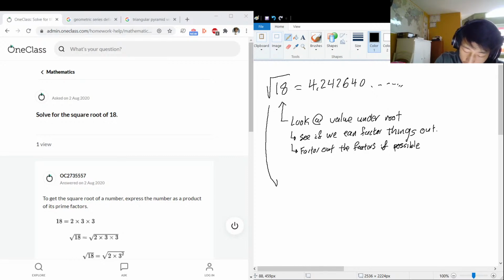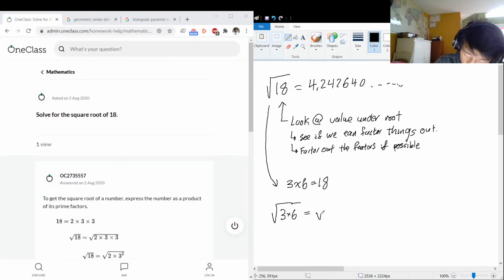So let's think about 18. We know that 18 is 3 times 6, right? 3 times 6 is equal to 18. So we have 3 times 6 under the root. Hey, 6 is 2 times 3, right?